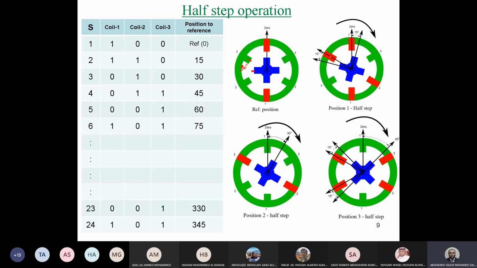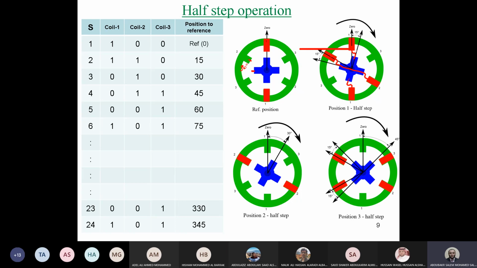Okay, guys? So this is the way now. For now, the flux lines will not be straight like in case of full step. The flux lines will be like that, and the other one here will be like that. It's not straight like in case of full step.